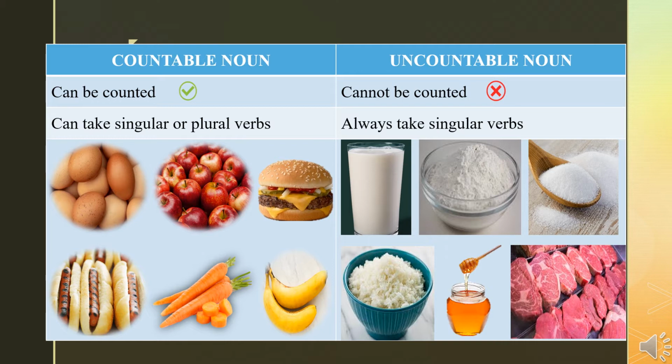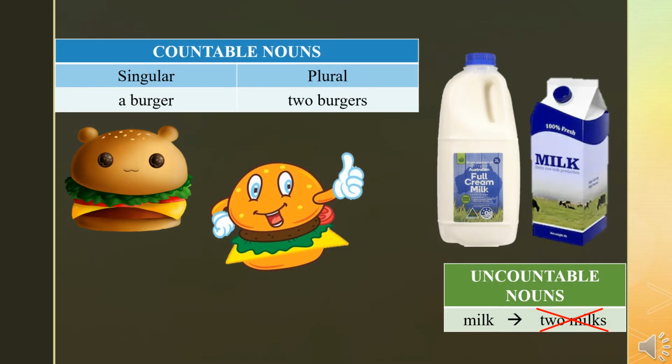Examples of countable nouns are egg, apple, burger, carrot, while examples of uncountable nouns are milk, sugar, honey, meat, and rice.